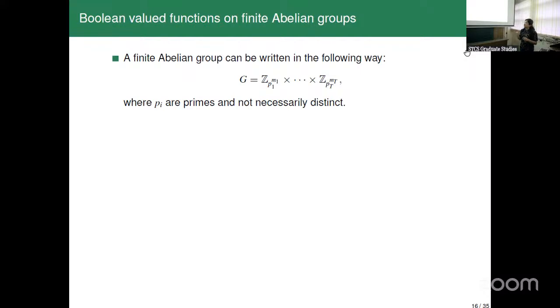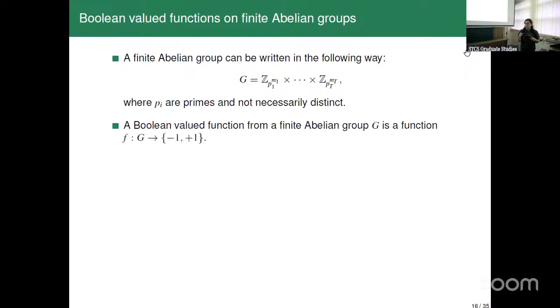Now I'll explain things for finite abelian groups of a specific form. A finite abelian group can be written as a direct product of cyclic groups, that is Z_p1 to the power n1 cross till Z_pt to the power nt, where the p_i's are primes. A Boolean-valued function on a finite abelian group is a function from G to plus minus 1.